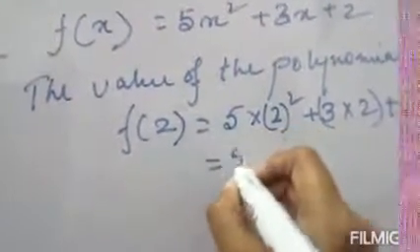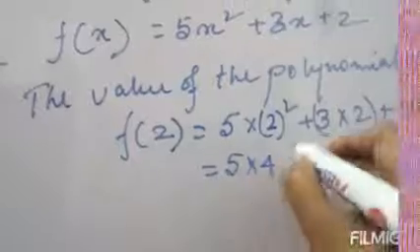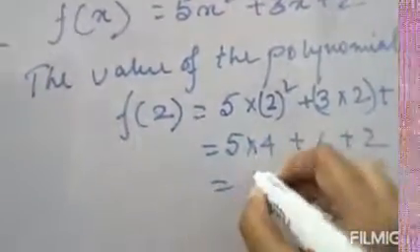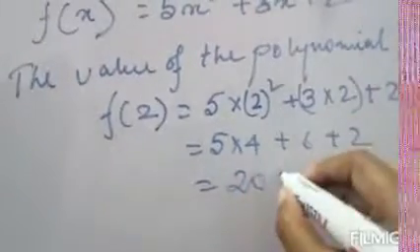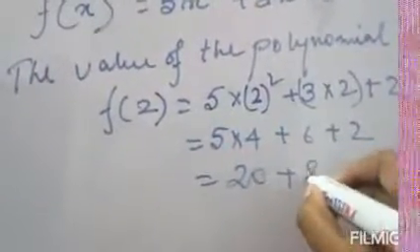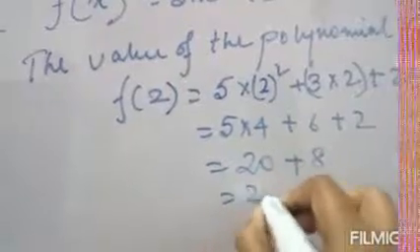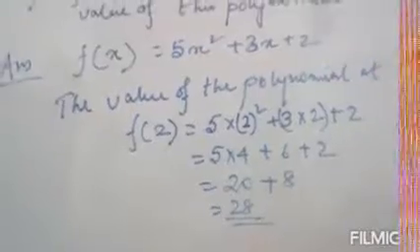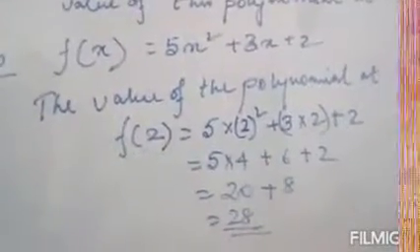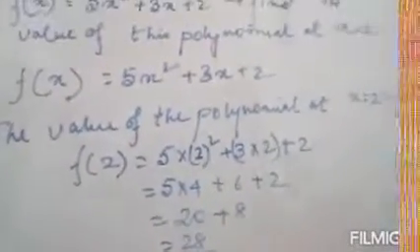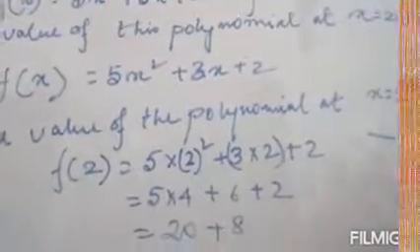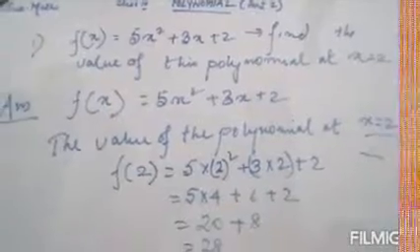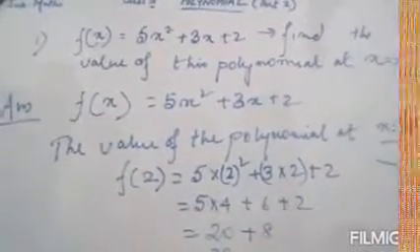So 5 into 4 plus 6 plus 2, which means 20 plus 8, which comes as 28. So this is the answer, the value of the polynomial at x is equal to 2. Understood? Let's see another one.